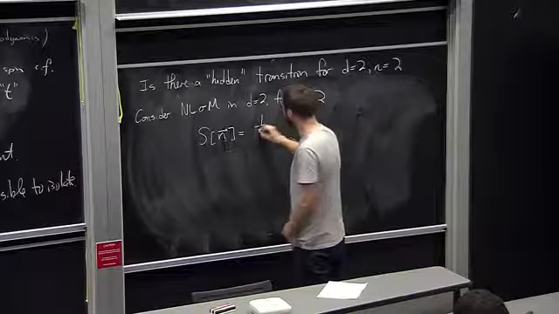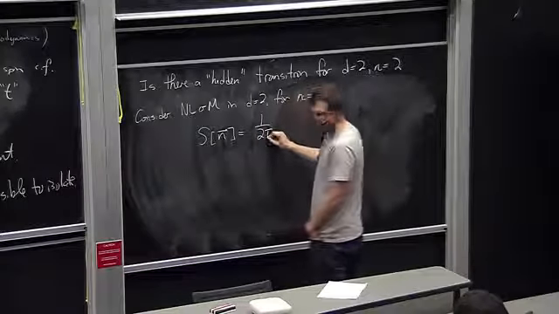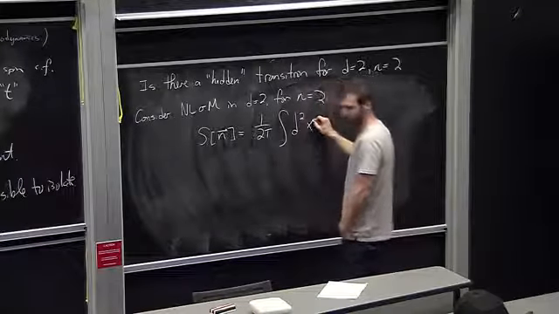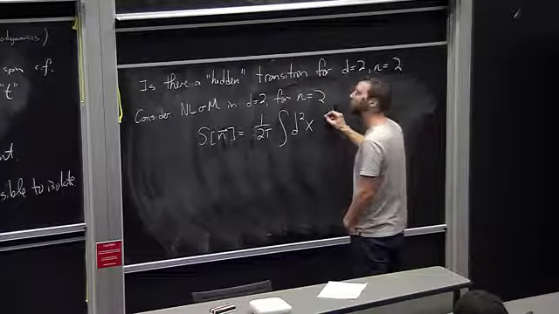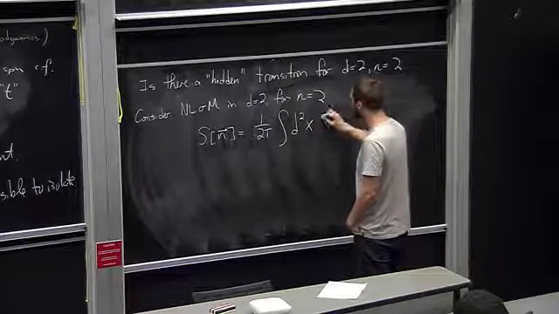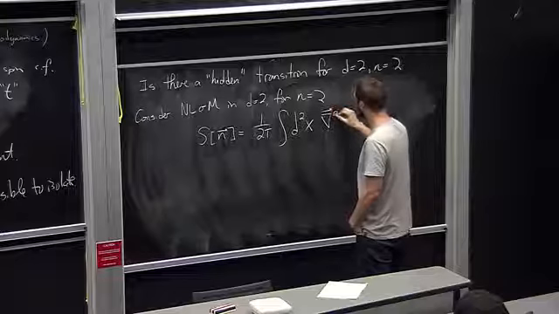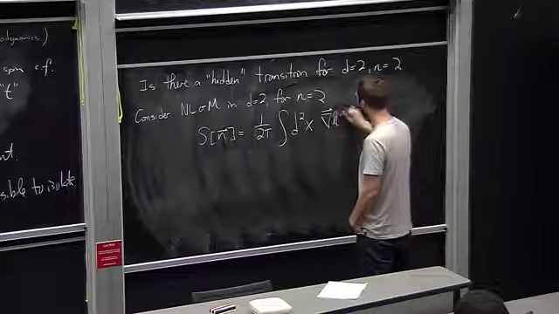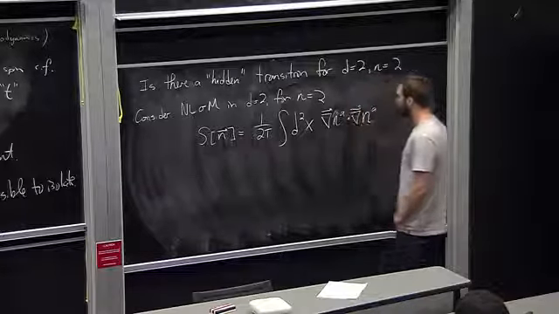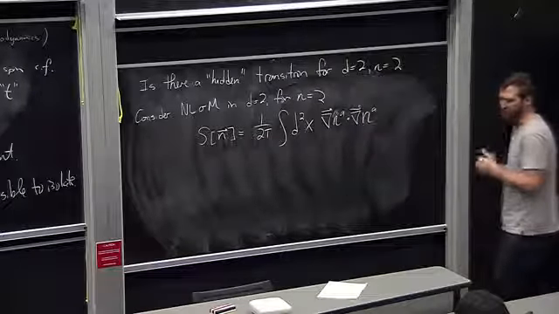I had 1 over 2t, integral d squared x, grad n squared, so there's 2 components, a equals 1 and a equals 2.